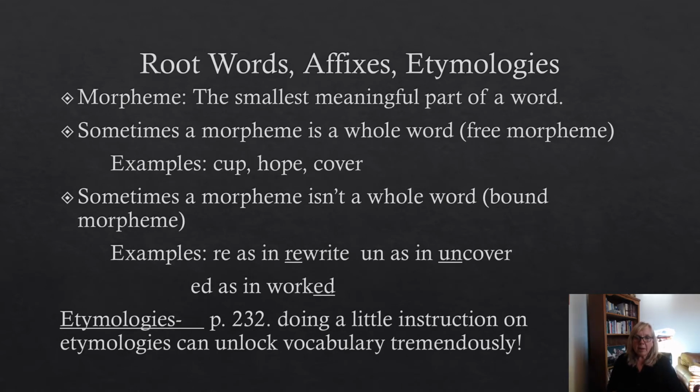When we're talking about those root words, the affixes, the etymologies that I just got finished mentioning to you, there are two types of suffixes. There are inflectional and derivational. Inflectional changes the verb tenses of a word. It talks about that on page 193.